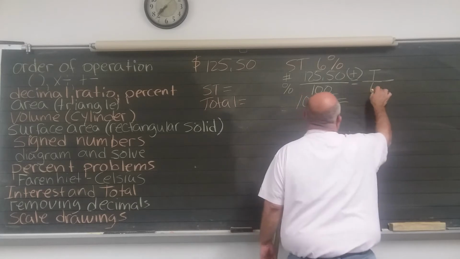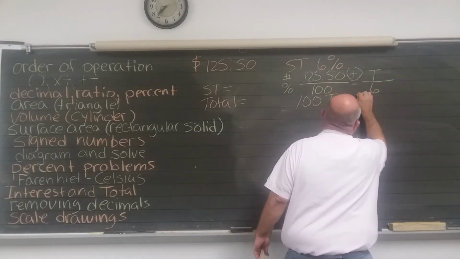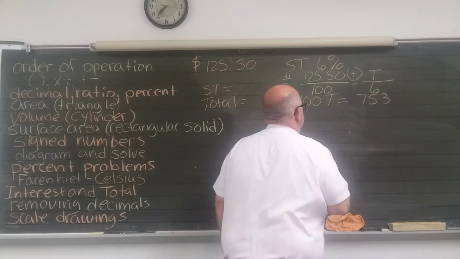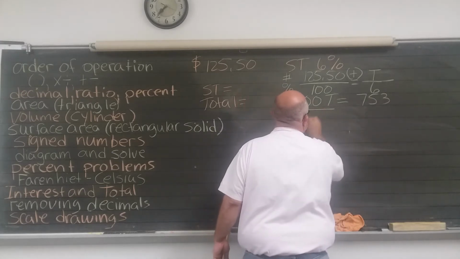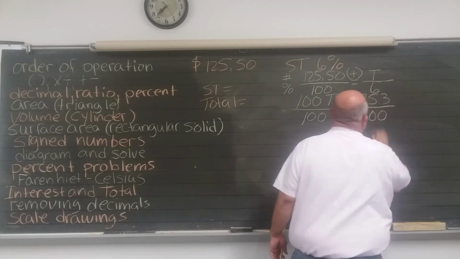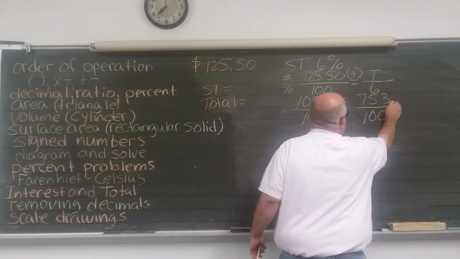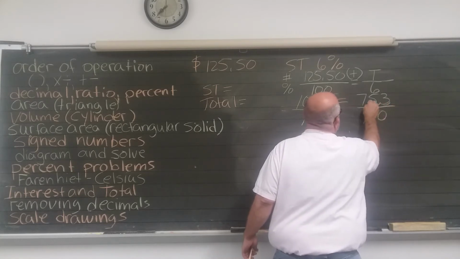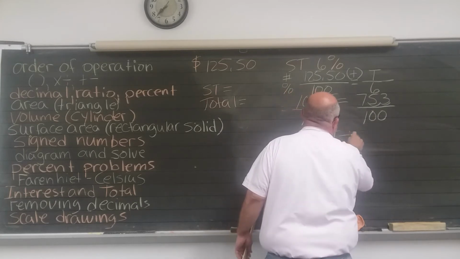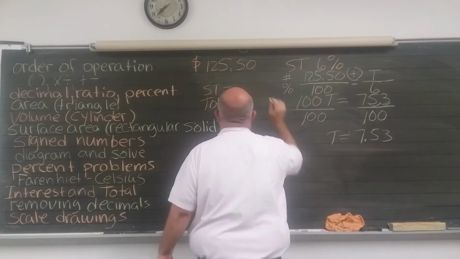Again, while you're multiplying that, I'm not writing it down, I'm just multiplying it right away. Divide by 100. What is 753 divided by 100? You're simply moving the decimal point. When you divide by 100, move the decimal point 2 places. Your tax equals $7.53.